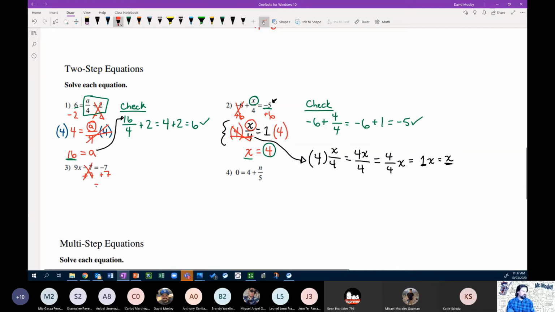We also get 0 over here. 9x equals 0. To undo or reverse multiplying, I have to divide. So this is 9 times x. To get rid of the 9, I divide by 9.